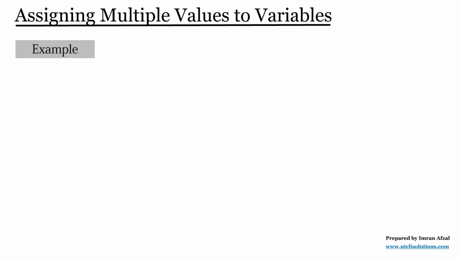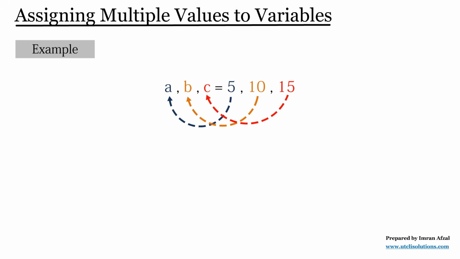For example, if you write a, b, c = 5, 10, 15, the variable a will get the value 5, right? b will get the value 10, and c will get the value of 15. Now, this is useful for initializing multiple variables at once.